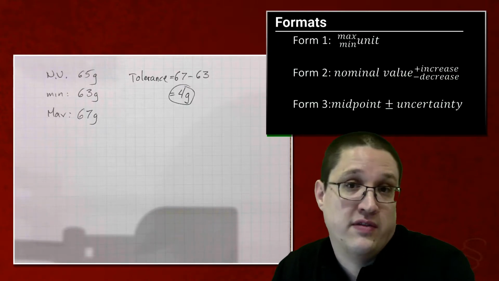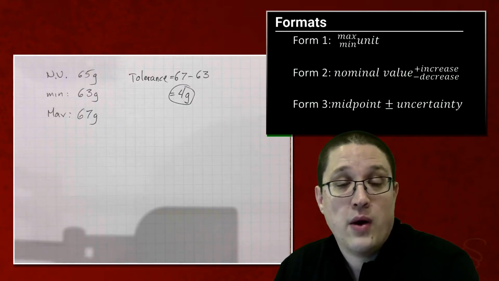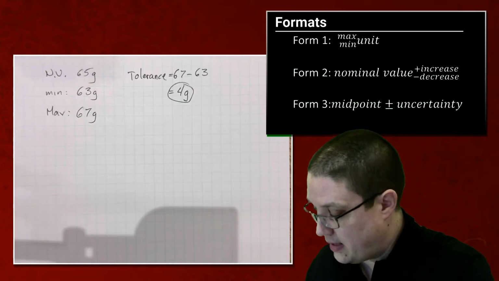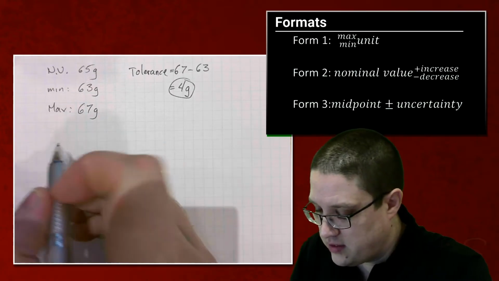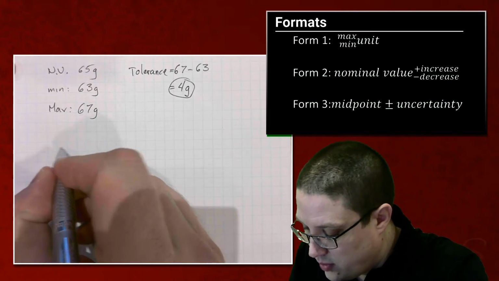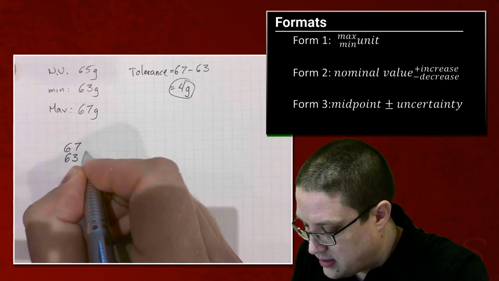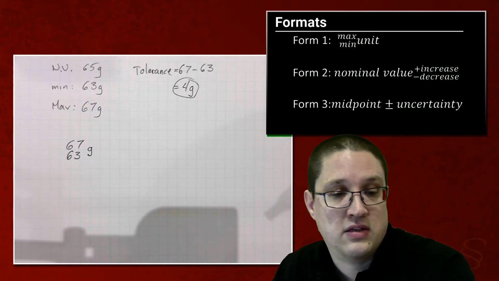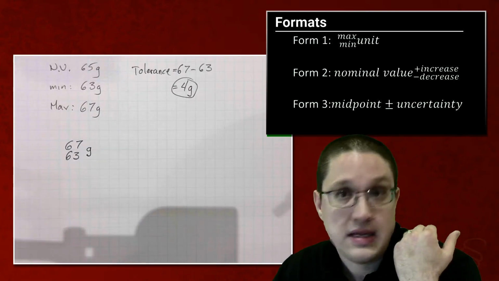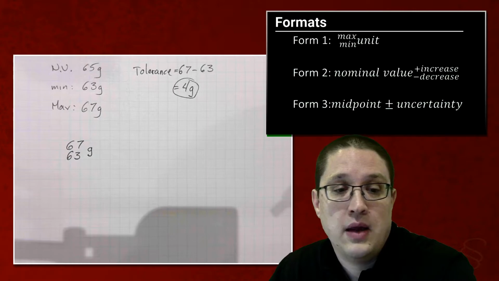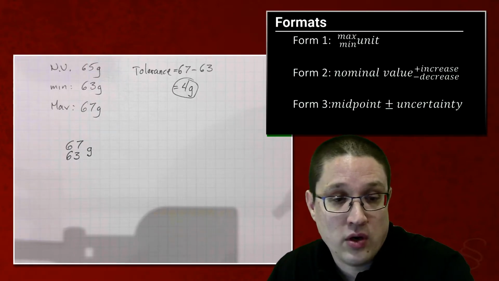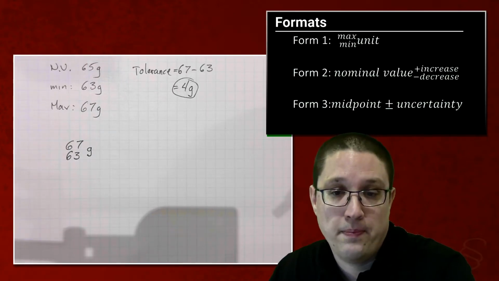I have a tolerance of 4 grams. If I want to write this in the first format, this is by far the easiest format. So I'm just going to write 67 over 63 and then my units as grams. That is a correct form of tolerance. It won't always be the form that you are asked for in questions, but it is indeed a correct form.